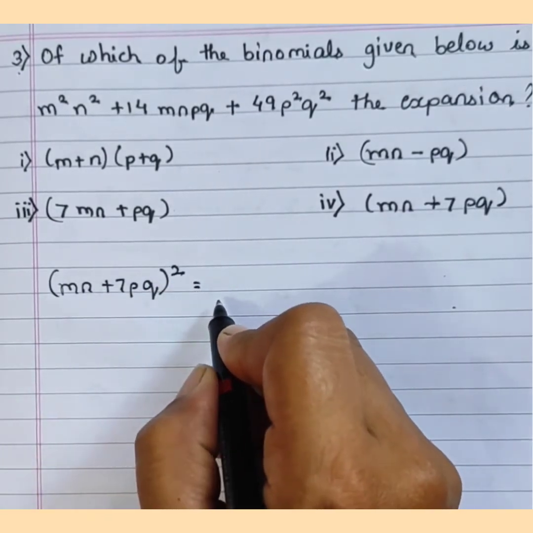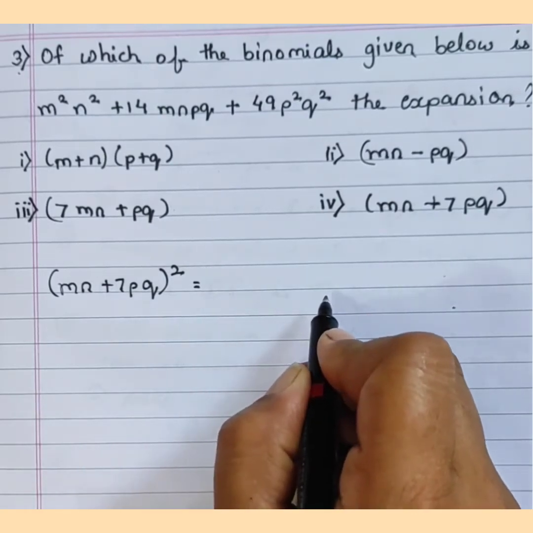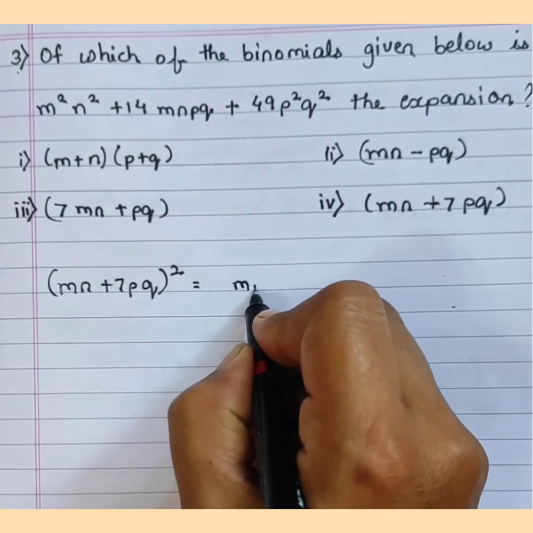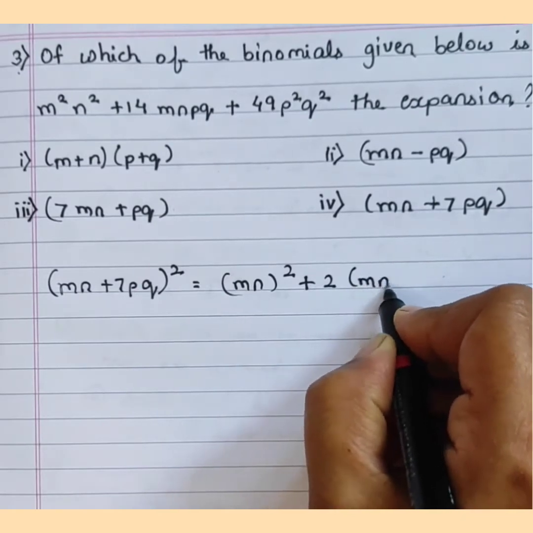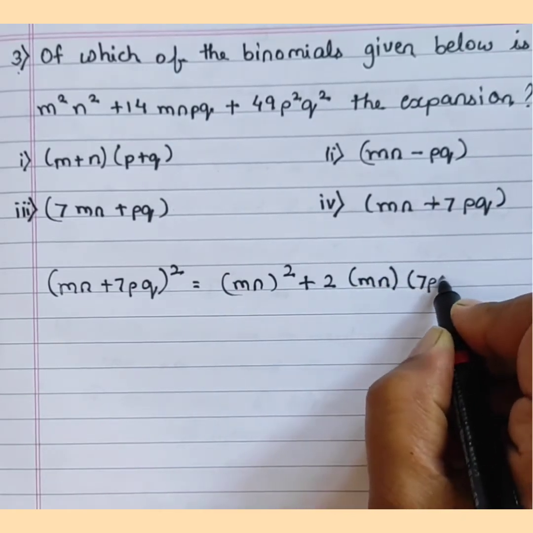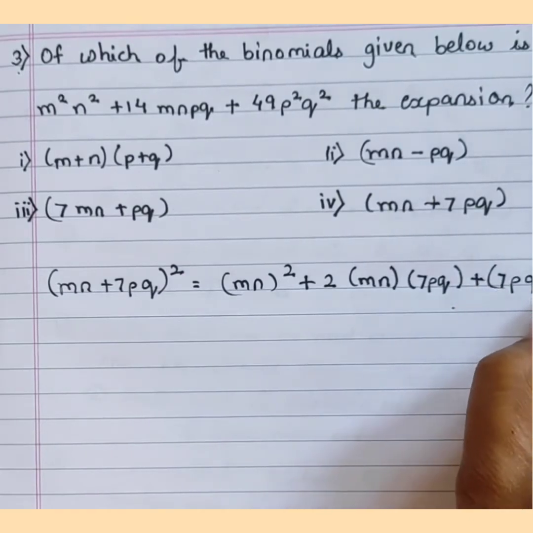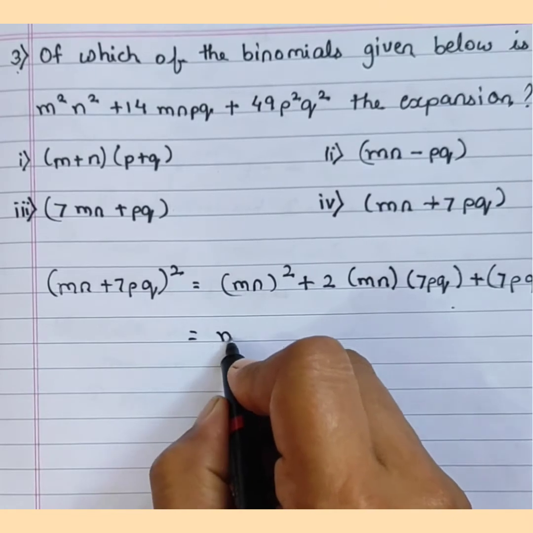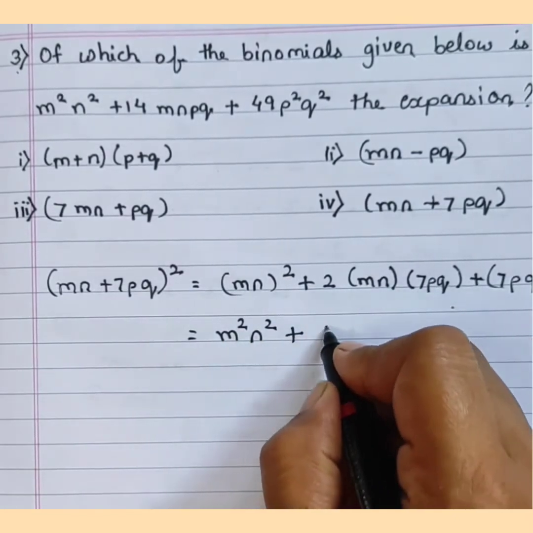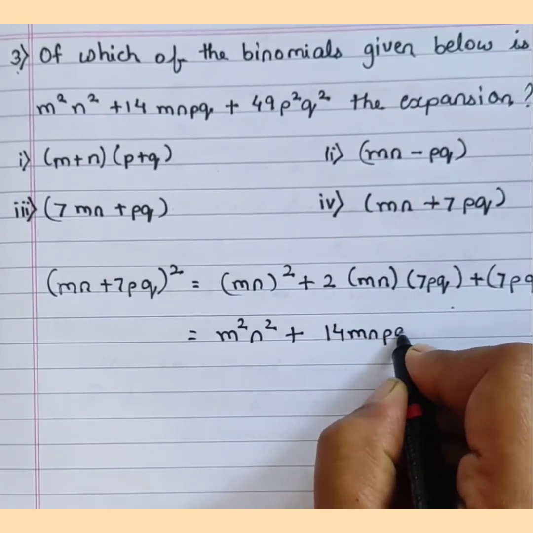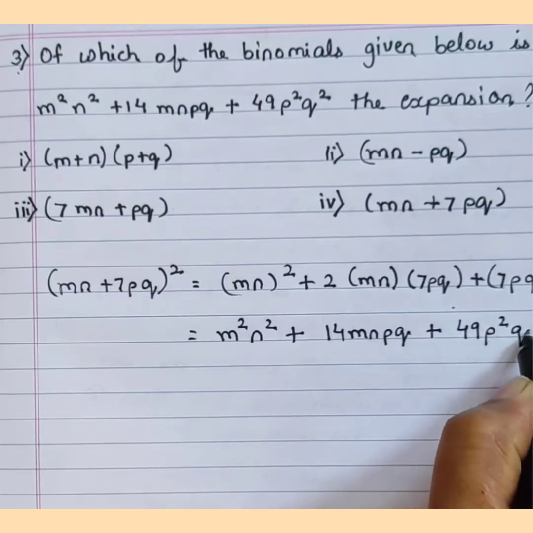Now according to our formula, a plus b the whole square is a square plus 2ab plus b square. Now here we will write mn the whole square plus 2 into mn into 7pq plus 7pq the whole square, which gives us the answer as m square n square plus 2 7s are 14 mn pq plus 7 7s are 49 p square q square.